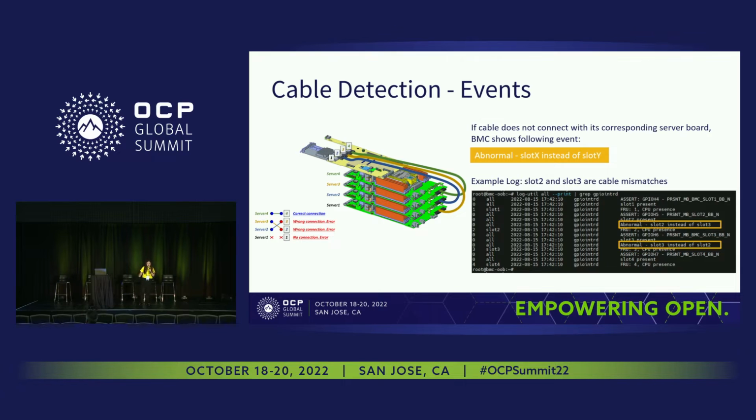And the next one is if the cable does not connect with its corresponding server board, BMC shows an abnormal event, that slot 2 instead of slot 3 and slot 3 instead of slot 2 in this example. So here the log shows that slot 2 and slot 3 are cable mismatches.